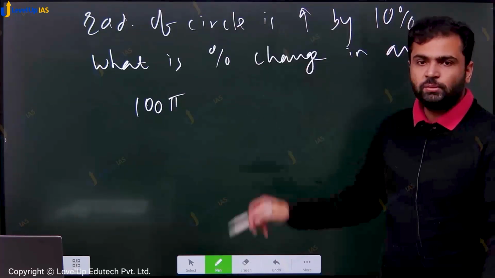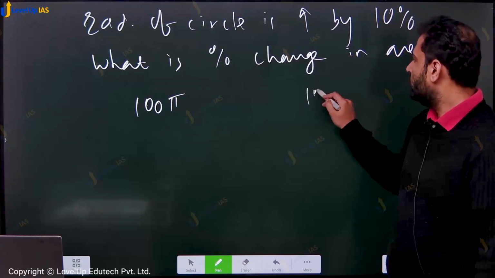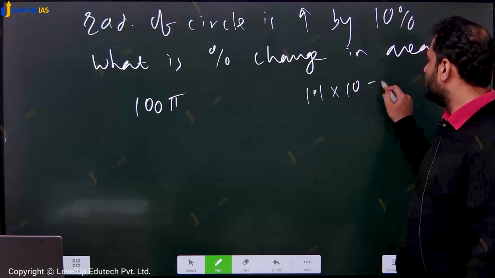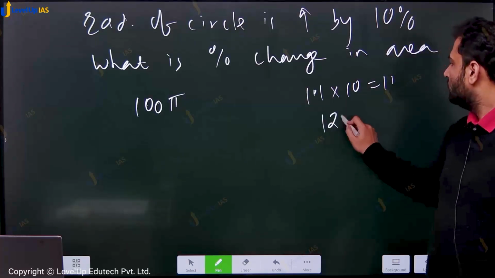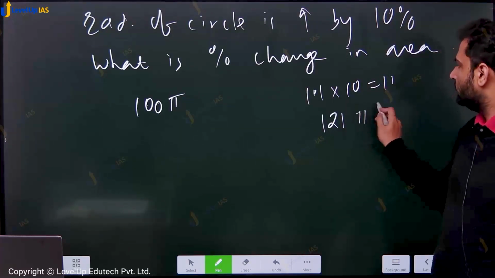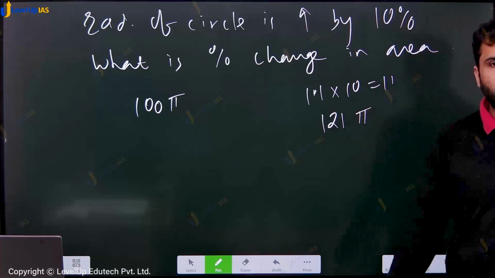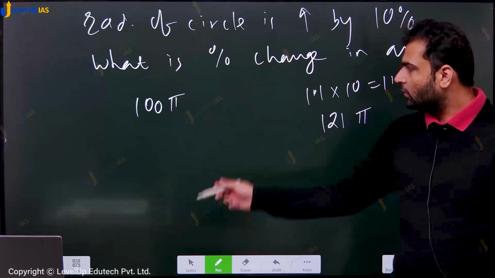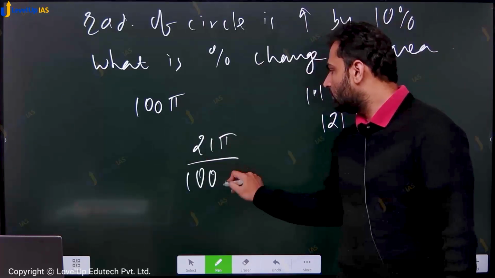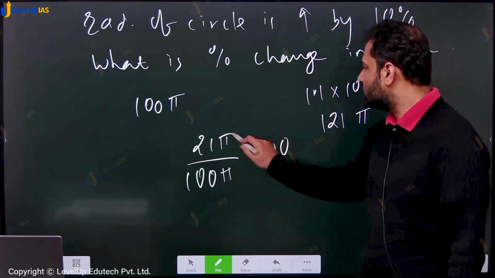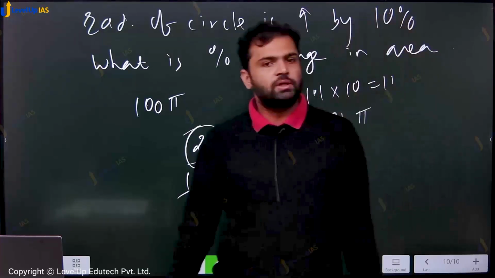If we increase the radius by 10%, radius becomes 1.1 into 10, which is 11, so the area becomes r square into pi, 121 pi. From 100 pi it becomes 121 pi. Absolute change is 21 pi. Initial 100 pi. This is the percentage change. Pi pi cancel, 100 cancel. Answer would be 21%.